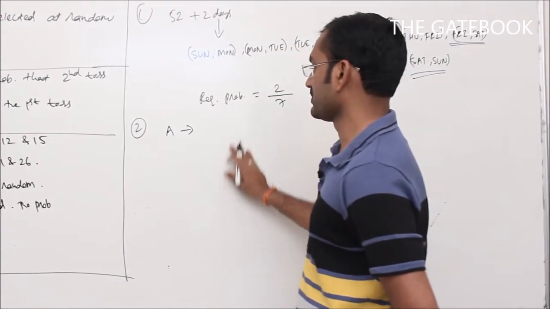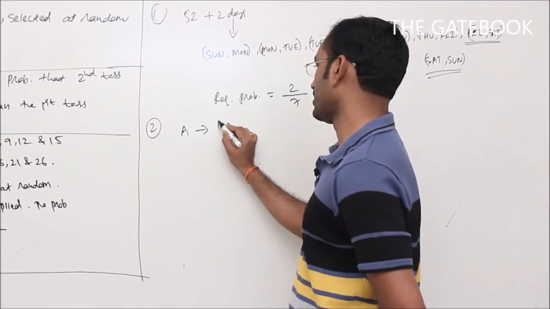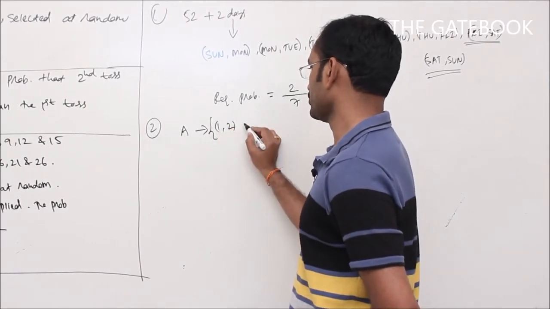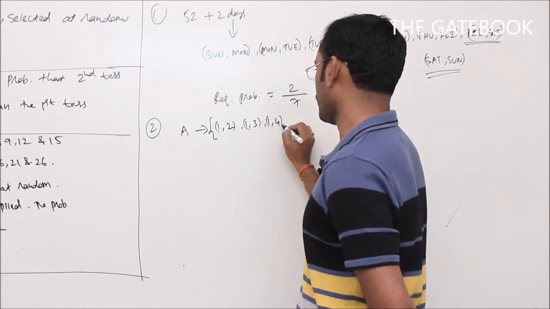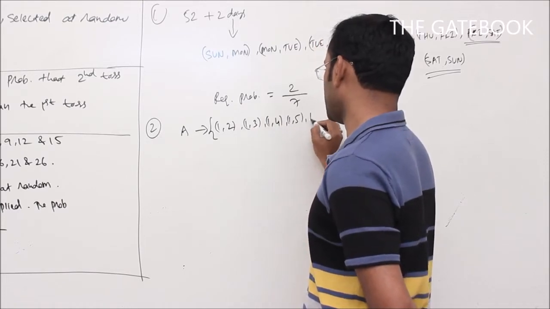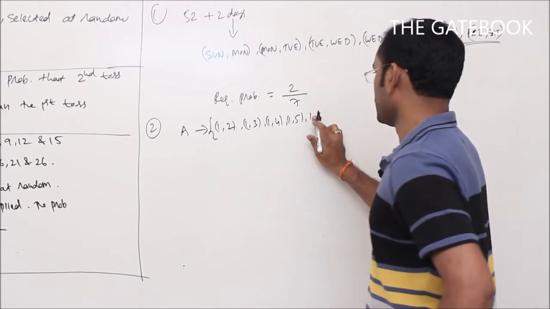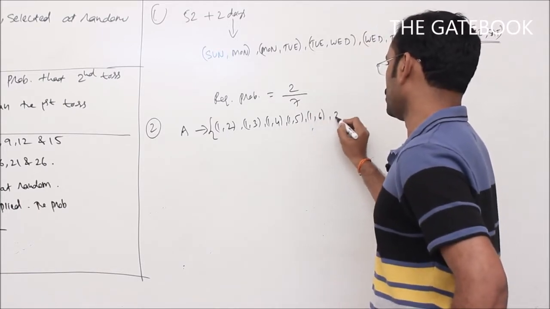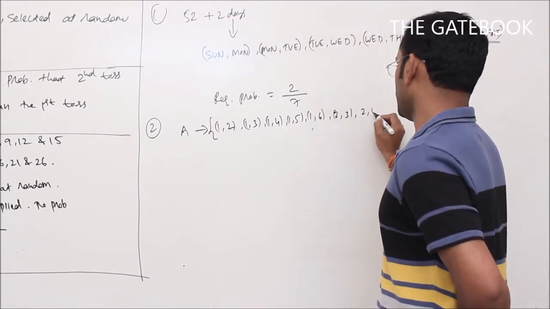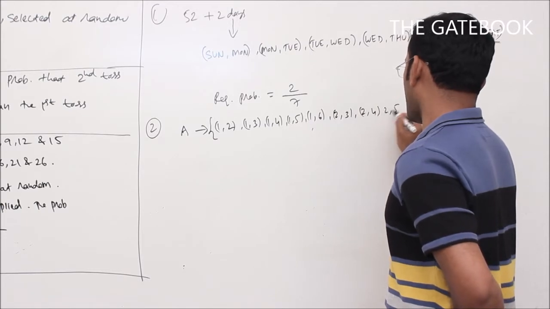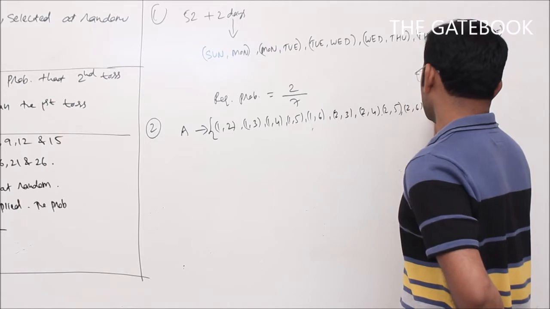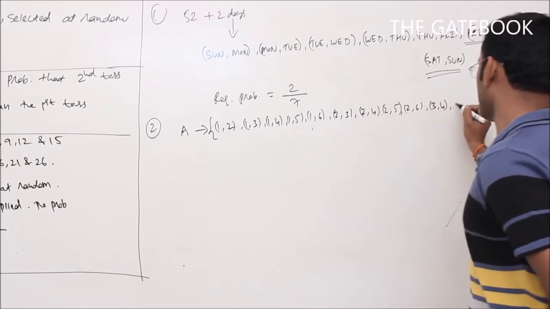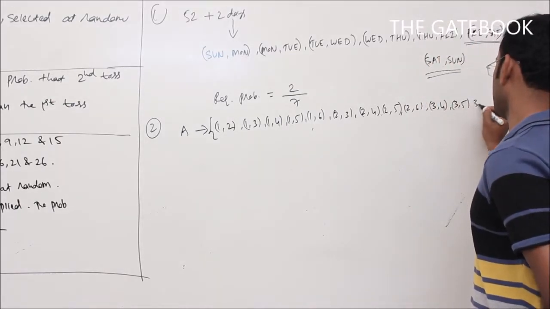Then the favorable cases will be like this: 1 2, 1 3, 1 4, 1 5, 1 6. Next we get 2 3, 2 4, 2 5, 2 6. Similarly 3 4, 3 5, 3 6.